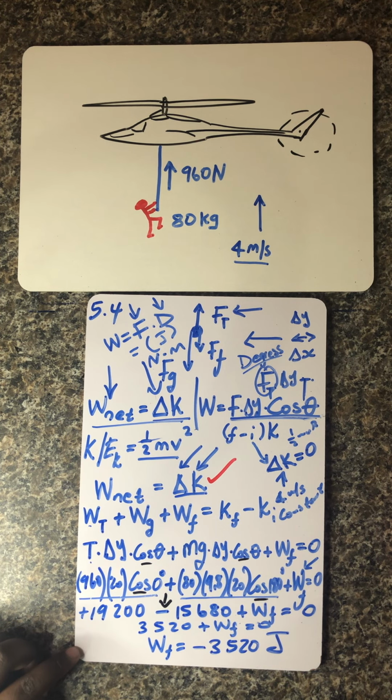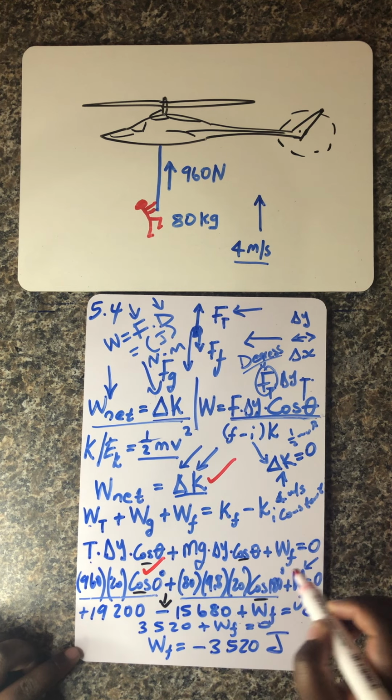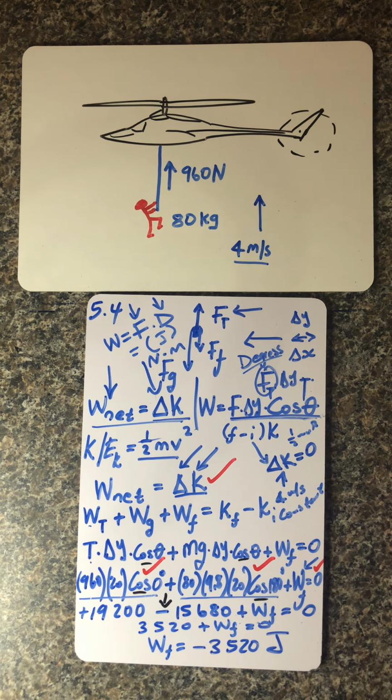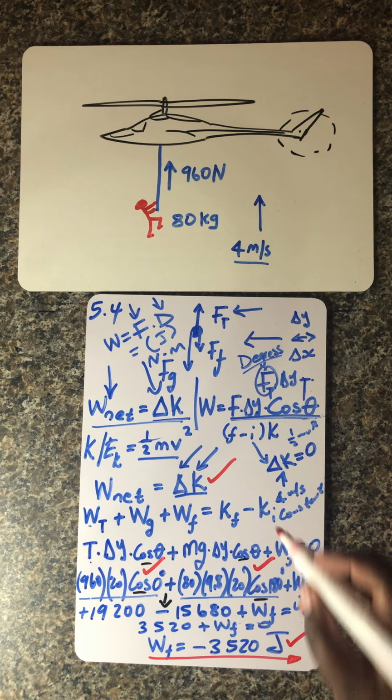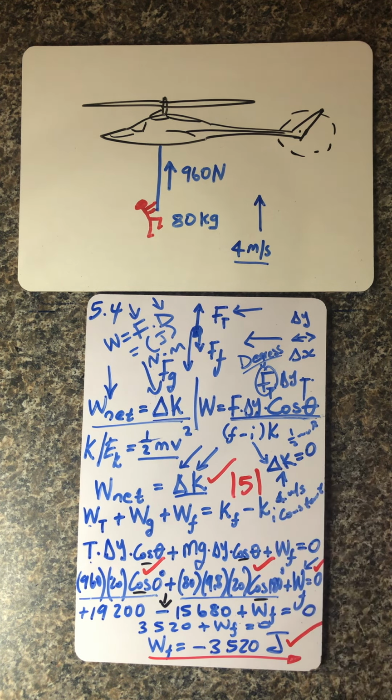For correct substitution, they must give you a mark. And most importantly, on the right side of the equal sign, they also give you a mark. I'm going to give you a mark for just writing your final answer with the correct SI unit. So this is how you score your 5 marks.